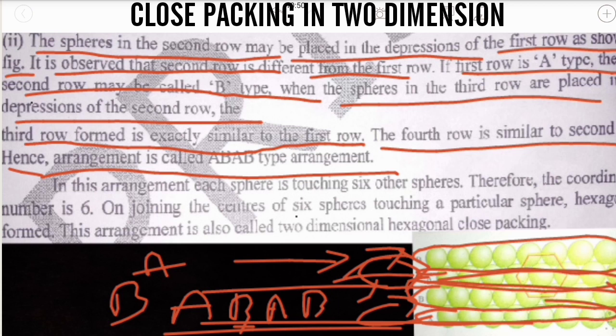There is a coordination number in this as well. The number of nearest neighbors of a particle is called the coordination number. See, in this arrangement, each sphere is touching the 6 other spheres: 1, 2, 3, 4, 5, 6.